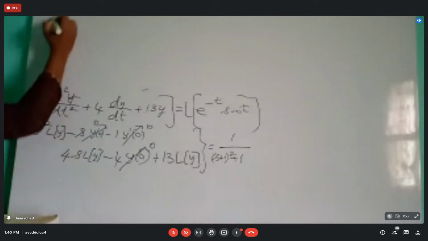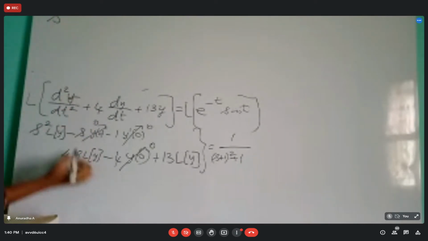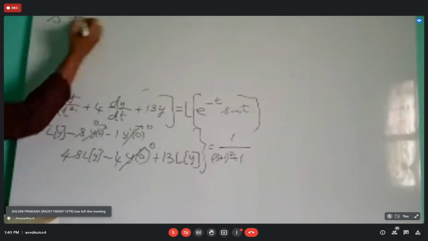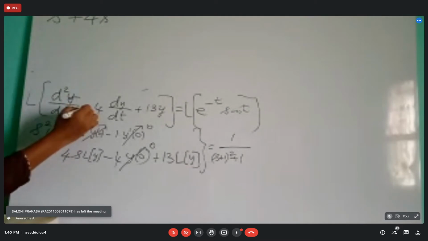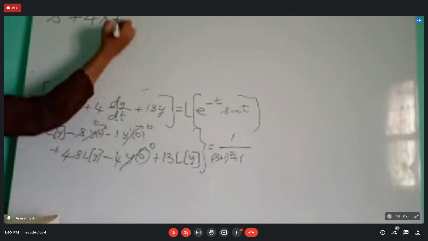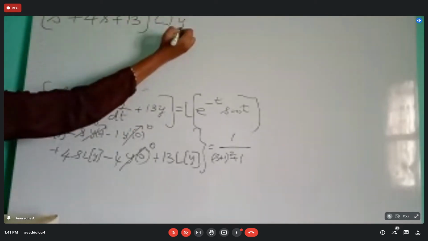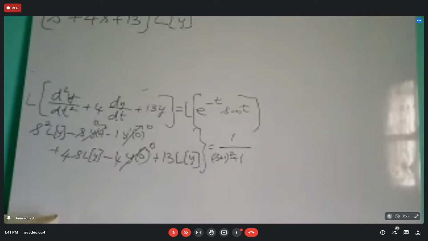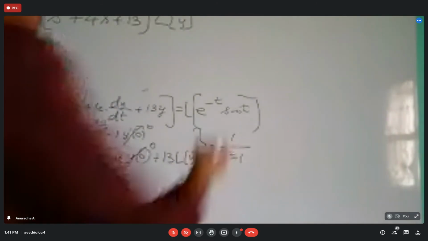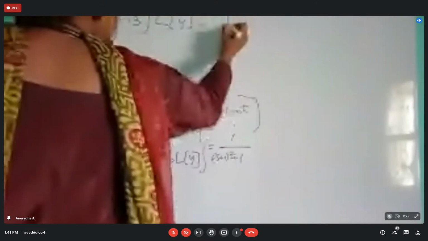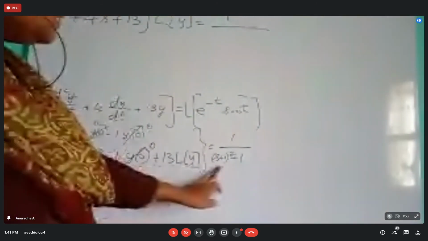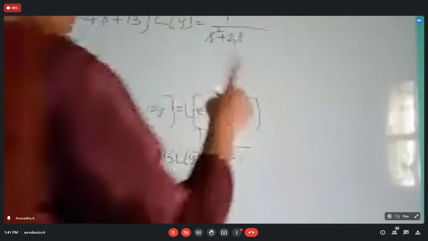So what is coming? s square plus 4s plus 13, times L of y. I have taken L of y common. The RHS part I have to write, which is 1 by, we can simplify this and write s plus 1 whole square plus 1, so s square plus 2s plus 2.